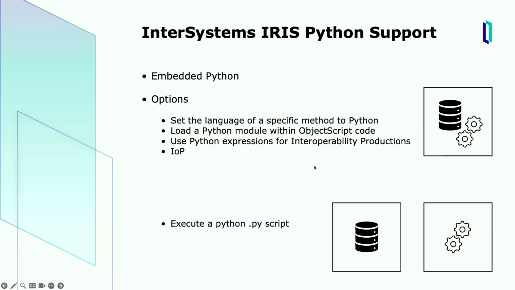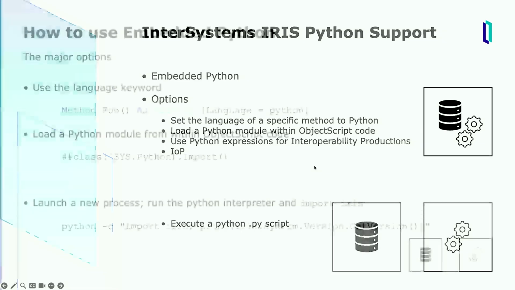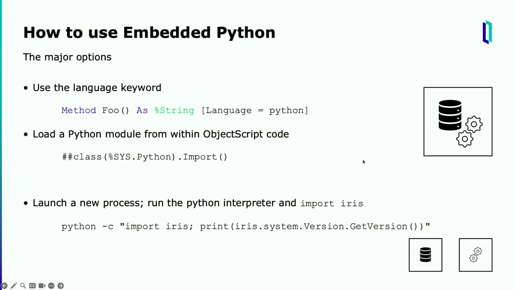The first couple of options, I'm going to walk you through those with a couple of examples, is you can use the language keyword, and the default is object script in any class, to override that to set it to Python. So that means that the body of this class method is now not being interpreted as object script, but as Python.